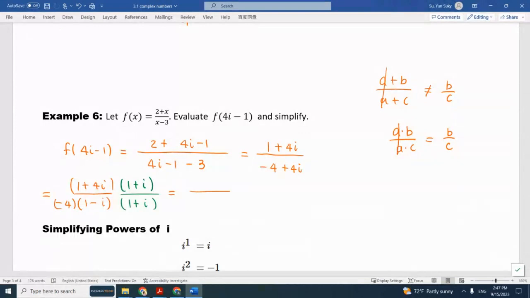Okay. So we have minus 4 is still a factor, right? Look at the numerator. 1 times 1 is 1. 1 times i is i. 4i times 1, 4i. 4i times i, 4i squared.